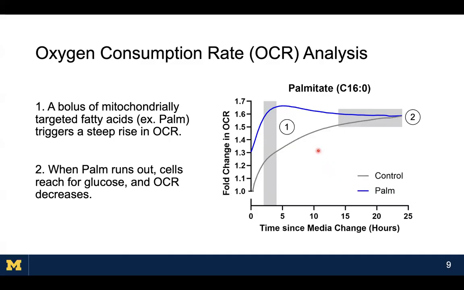This control will keep climbing up a little bit above the palmitate typically for quite a while because it hasn't been relying on the palmitate bolus. So it had to turn to glucose and other mitochondrial substrates from the beginning, which is why it's slowly but steadily increasing throughout this part of the run.